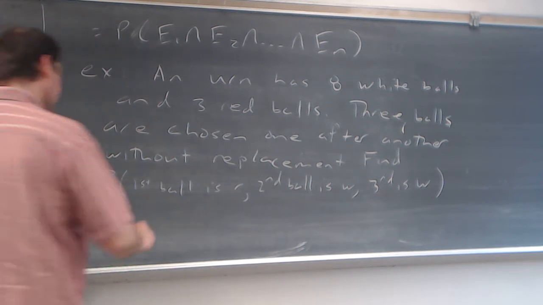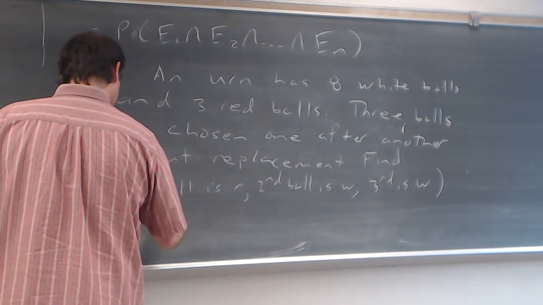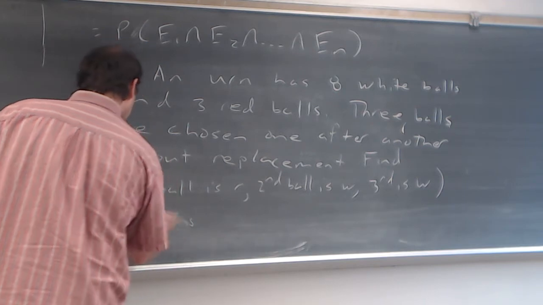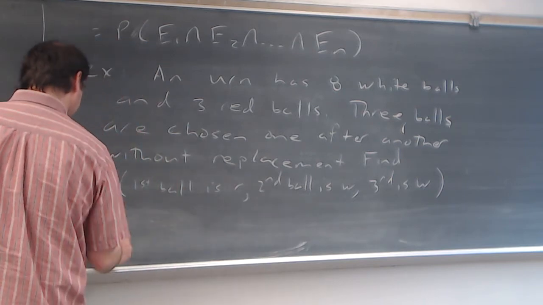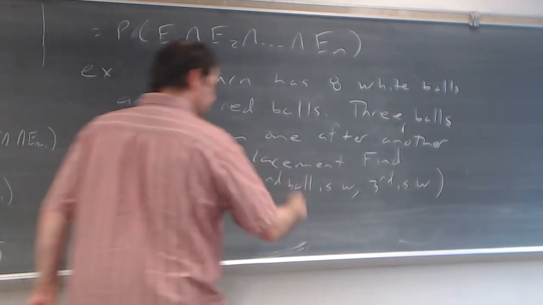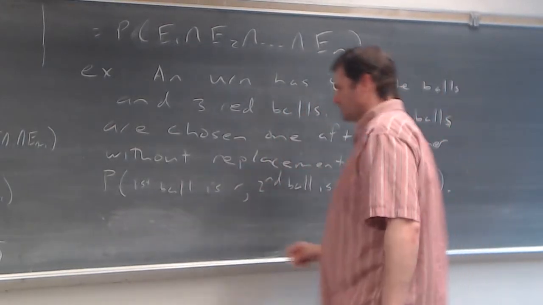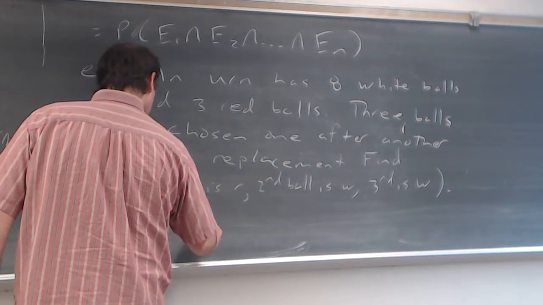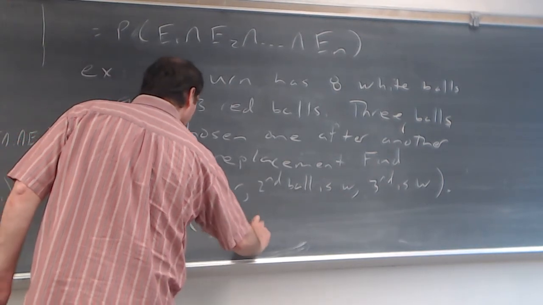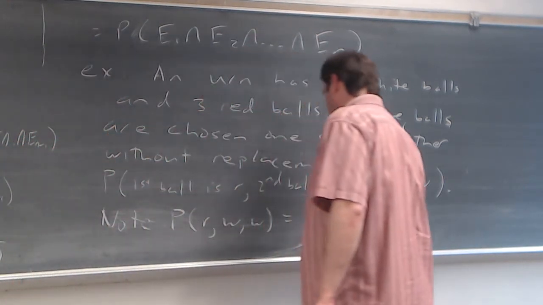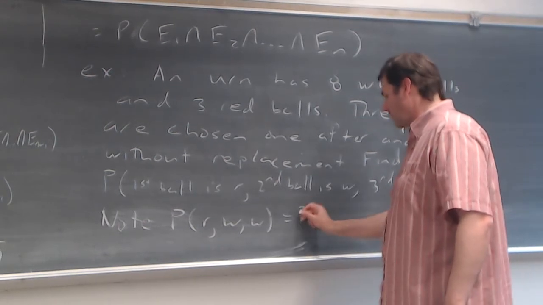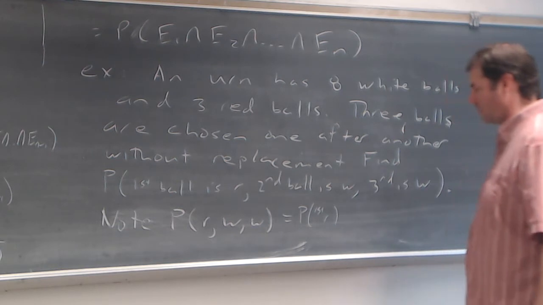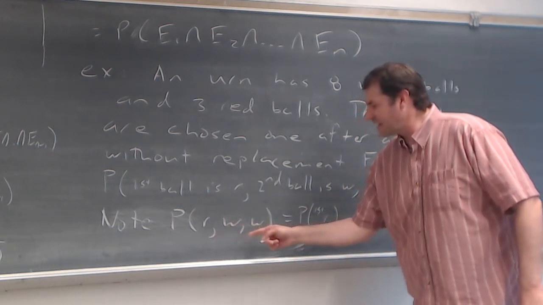So here, note, the probability of red, white, white will be equal to the probability of first red, so that's the E1, and these commas indicate and.